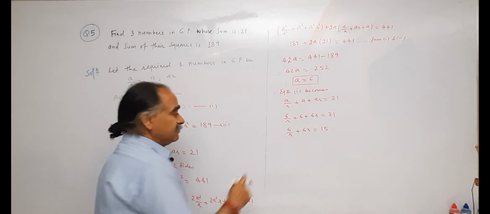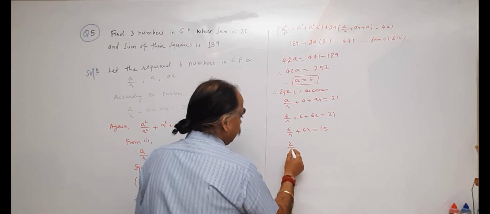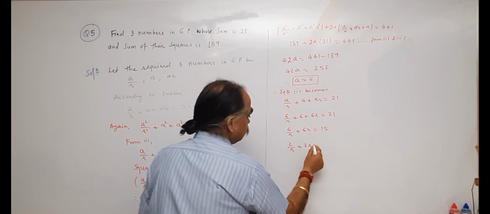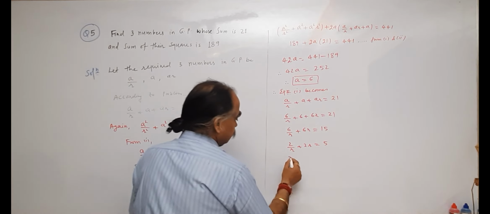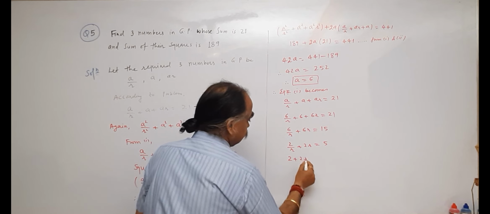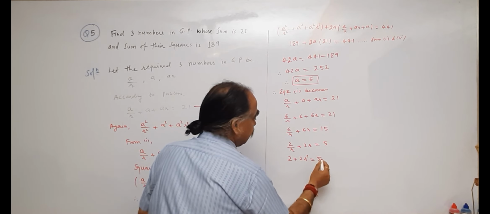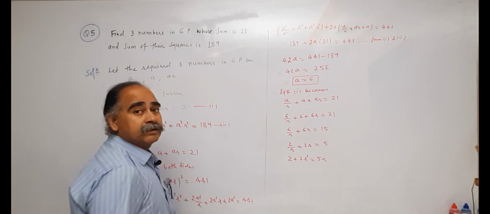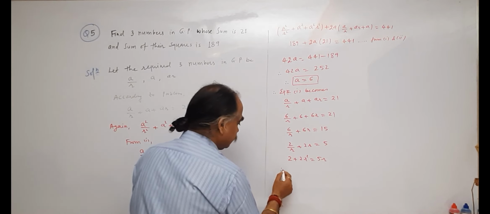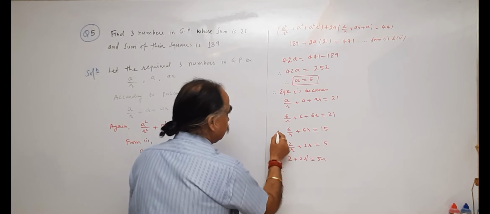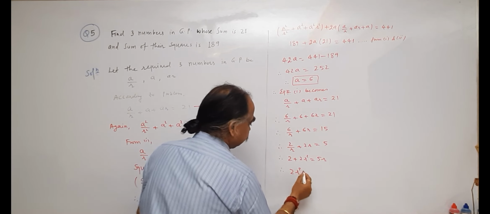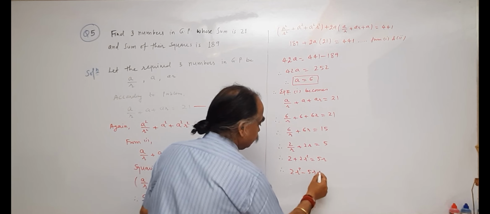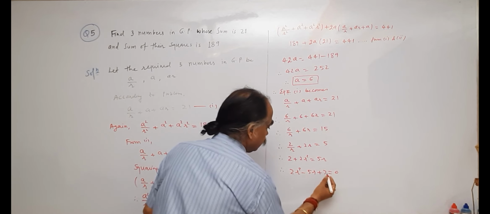Divide by 3: 2 upon R plus 2R is 5. Multiply throughout by R: 2 plus 2R square is equal to 5R. Bring 5R on this side: 2R square minus 5R plus 2 is equal to 0.